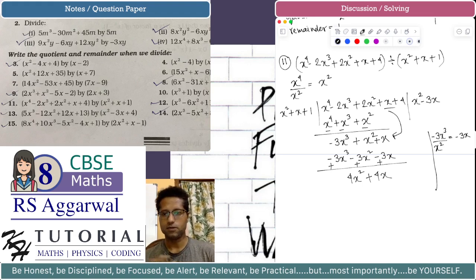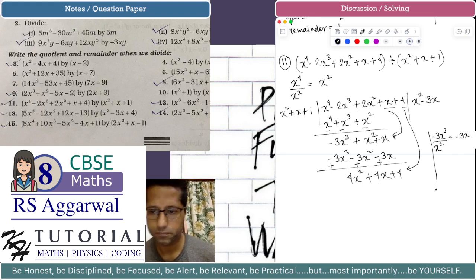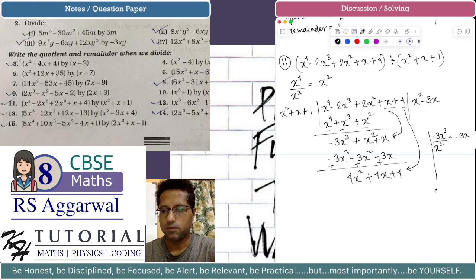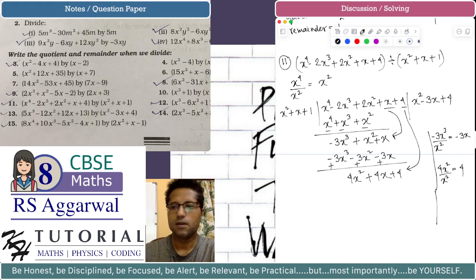We now bring the next term from the dividend, which is 4, and append it with the remainder to get the new dividend. Okay. Now the next term of the quotient will be the first term of the dividend divided by the first term of the divisor. 4x square divided by x square is 4. So 4 will be the next term of the quotient, and the product of the 4 and the divisor is 4x square plus 4x plus 4.